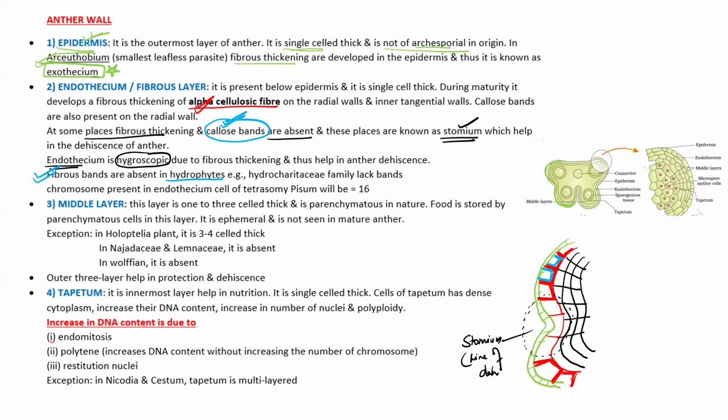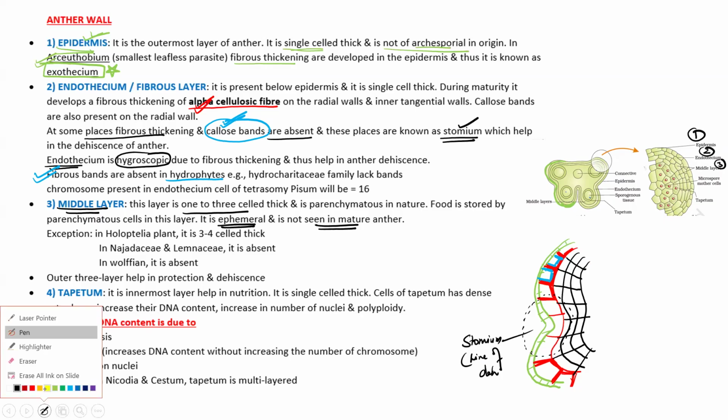This layer is ephemeral, or you can say it is a short-lived layer, and it will not be seen in the mature anther. Clear? So outermost epidermis, then endothecium and middle layer. These are the 3 layers which play a very important role in protection.